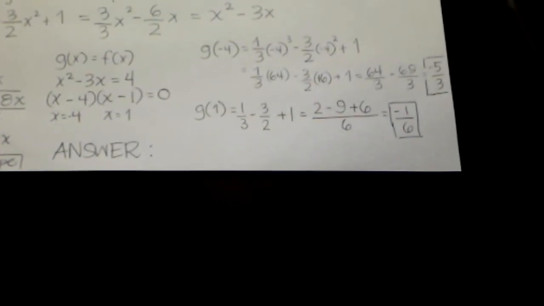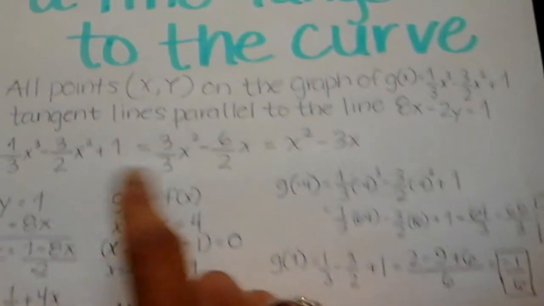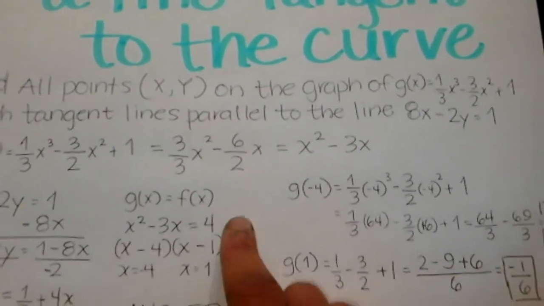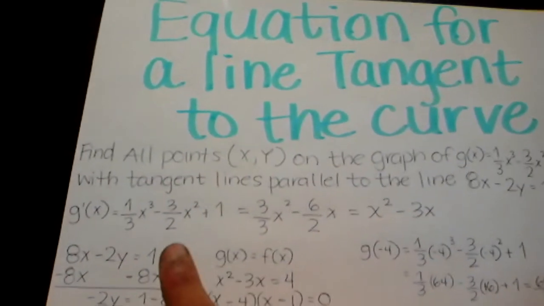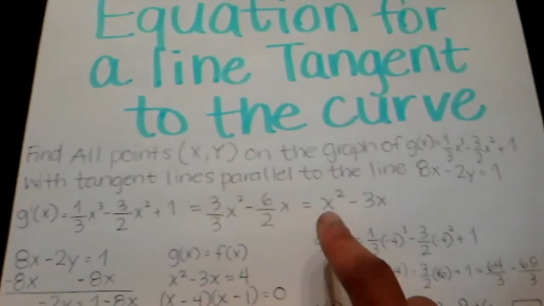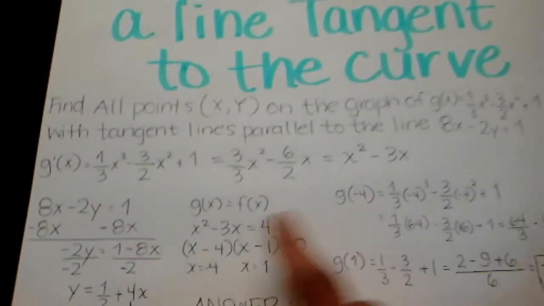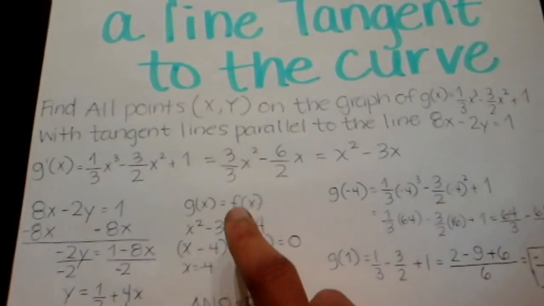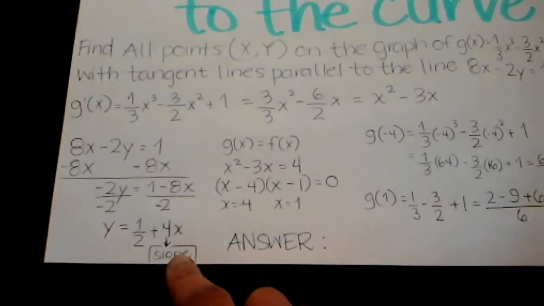Okay. Now the next step you're going to do is put g prime of x equals f of x. The g prime of x is right here. That is the equation for g prime of x right there: x squared minus 3x. So you're going to put that here, and it's going to equal f of x, which is right here, your slope, 4.